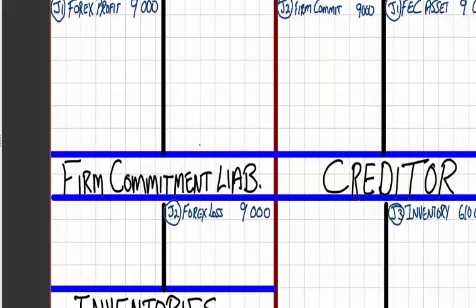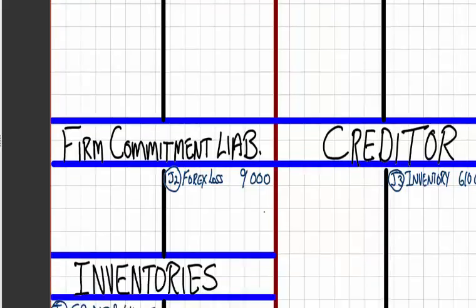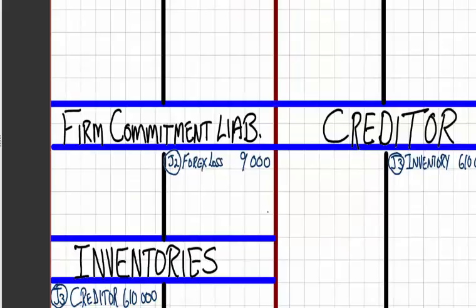So now we've got a bird's eye view of the journal entries that we've done on transaction date. But there's now one other entry which is very important, because on transaction date your firm commitment has now stopped and the transaction has been done. So you had your transaction, your inventories is in your books, you've created the creditor. Now that firm commitment liability must be cleared out against the underlying asset that you've purchased, in this case your inventories.